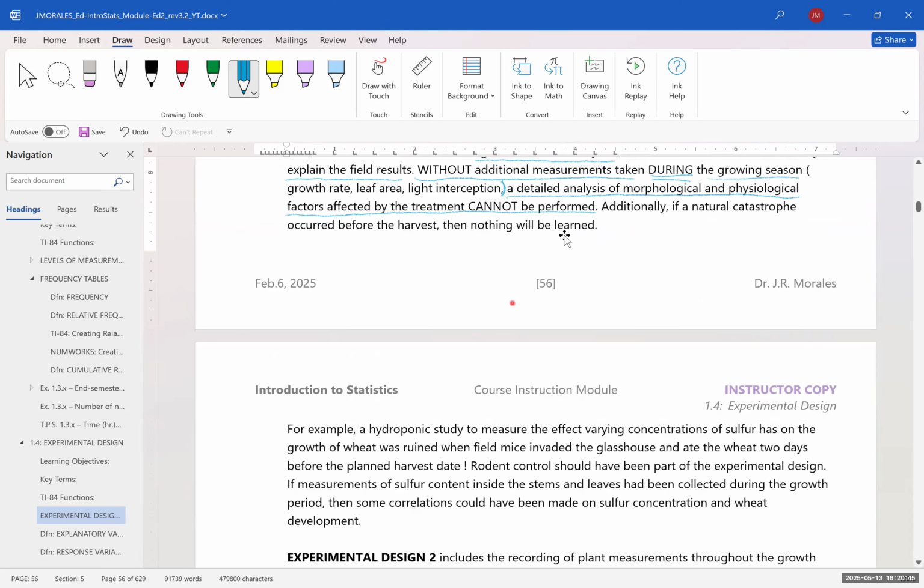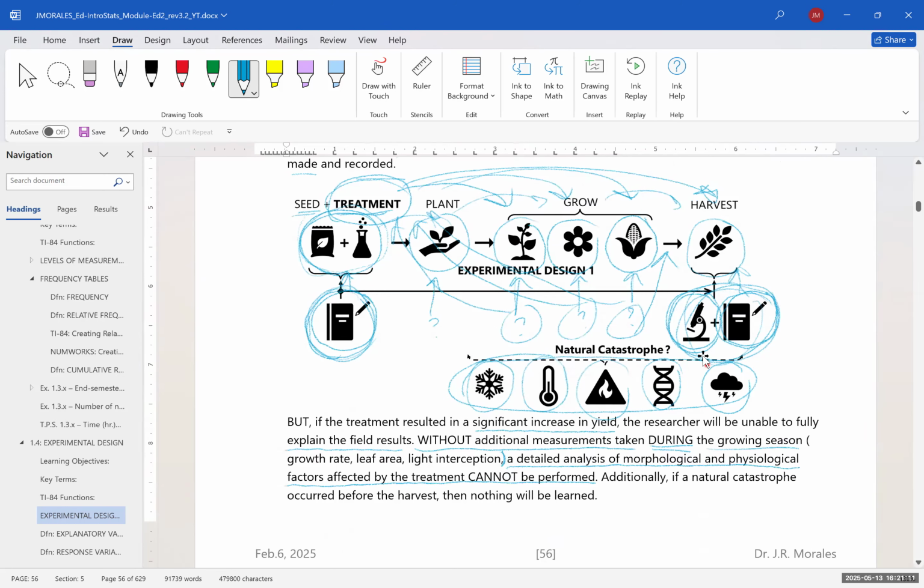And a demonstrated weakness of something like this is a hydroponic study to measure the effect that varying concentrations of sulfur have on the growth of wheat, which was ruined when field mice invaded the glasshouse and ate the wheat 2 days before the planned harvest date. So just before they were going to harvest, little mice came in and ate all of the crops.